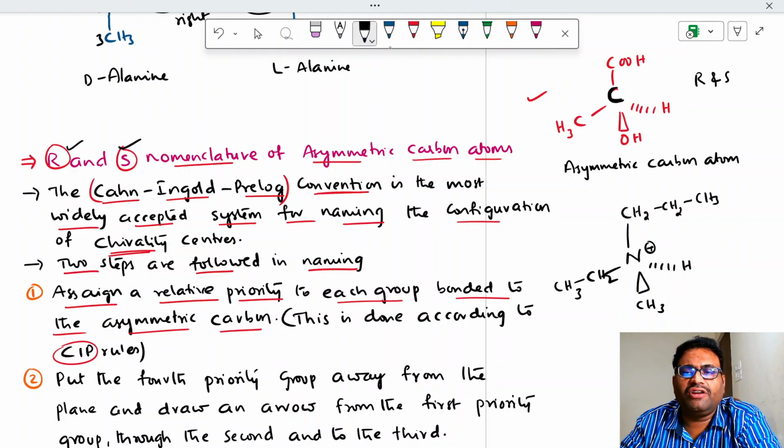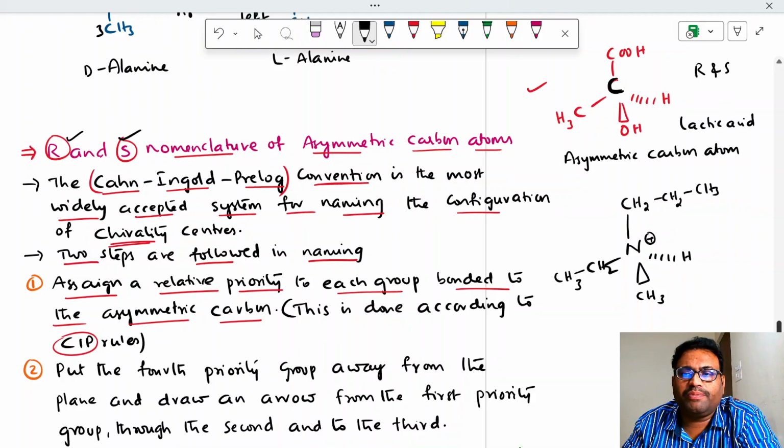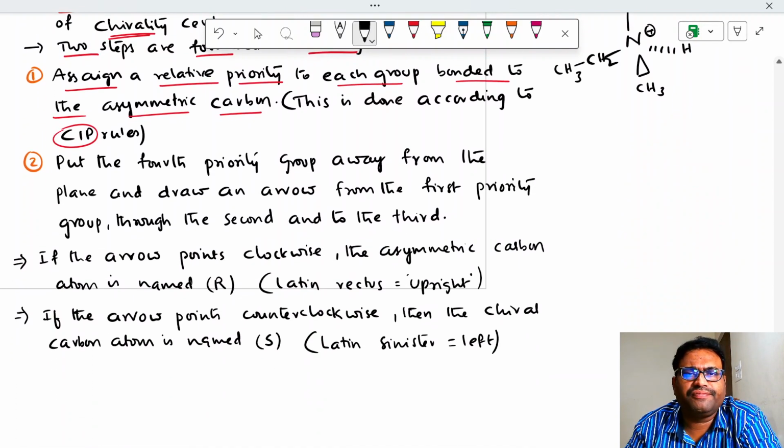This lactic acid molecule contains 4 different groups and we can give priority based on CIP rules. Priority means priority 1, 2, 3, 4. Priority 1 means high priority. Priority 4 means least priority.